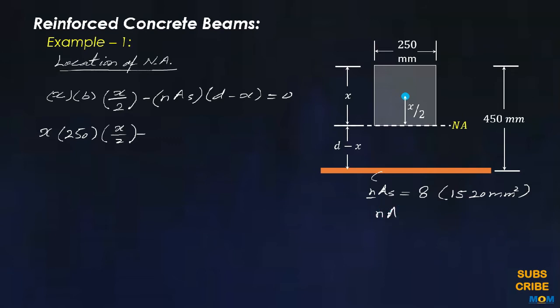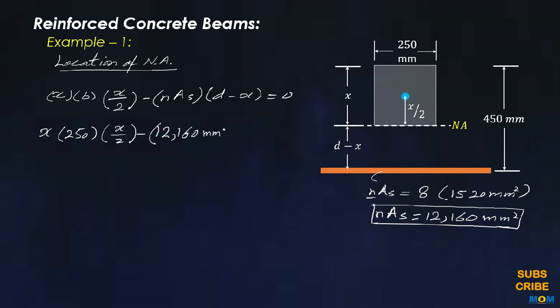So the value of nAs is going to be 12,160 millimeter square. Now using this value in this place, nAs is 12,160 millimeter square, multiplied with the value of d, that is 450 millimeter, minus x is equal to 0.